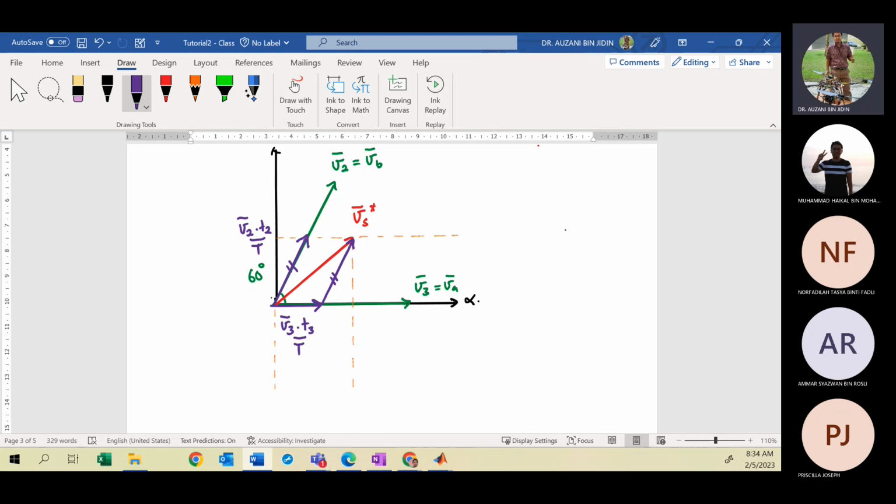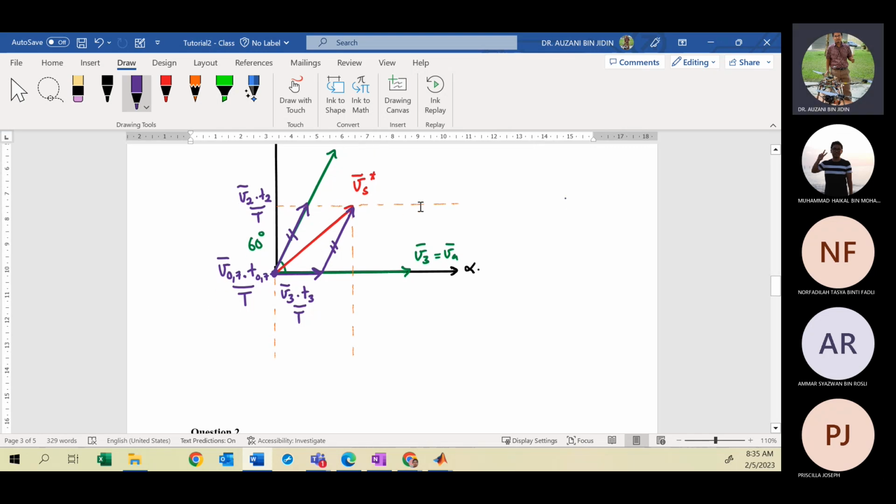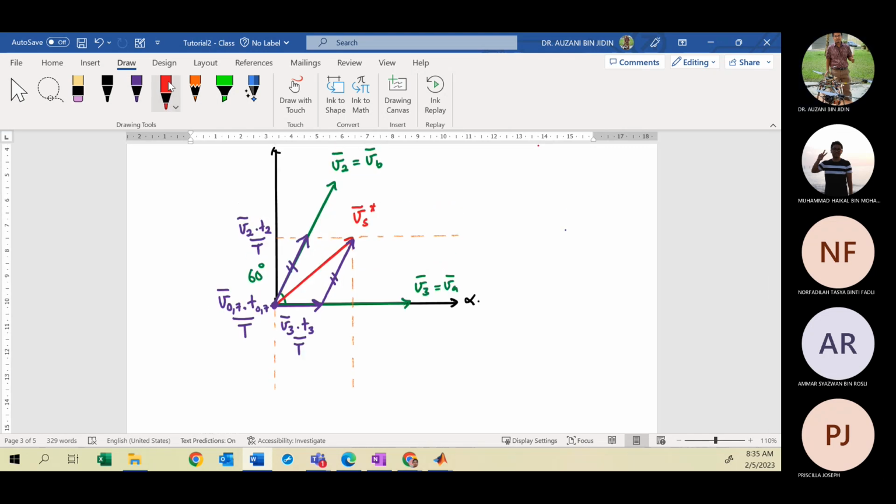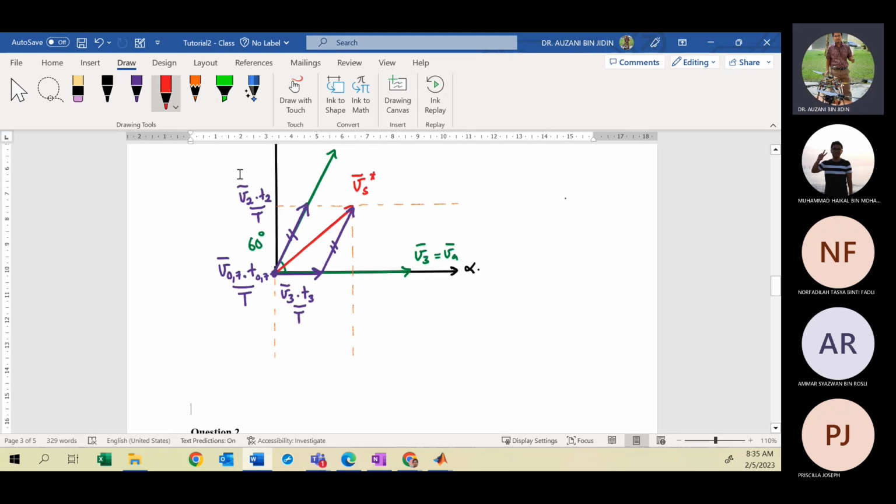Of course you have the zero vector at the origin. So this is the zero vector, V0/7, multiplied by its ratio, T0/7 divided by T. So this vector is located at the origin. Actually, to draw the resultant vector Vs, it will fulfill this equation.